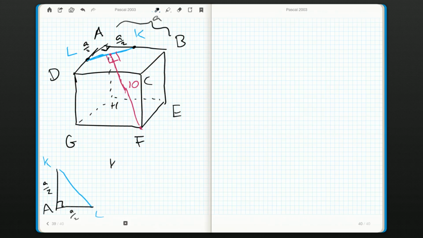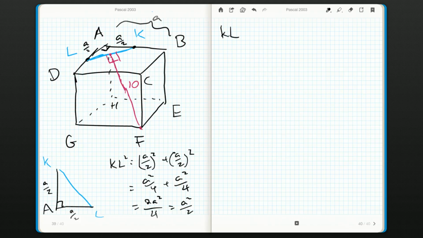So KL squared is A by 2 squared plus A by 2 squared, which is A squared by 4 plus A squared by 4, which is 2A squared by 4, or A squared over 2. So KL, the blue length, is the square root of A squared over 2, or A over root 2. If you wanted to rationalize the denominator, you could say root 2A over 2, but I don't think that's necessary right now.